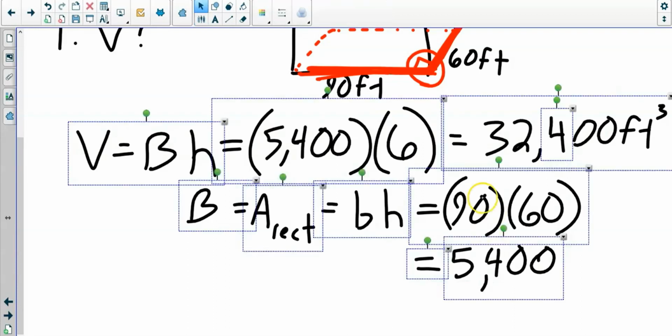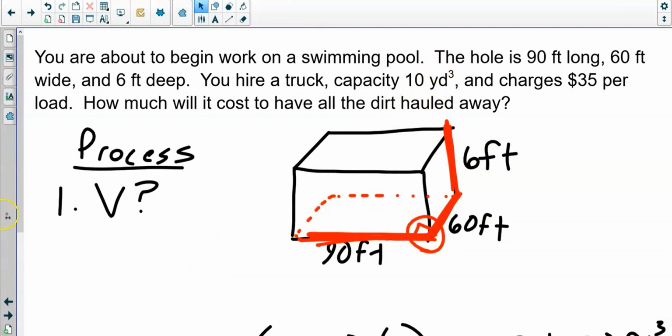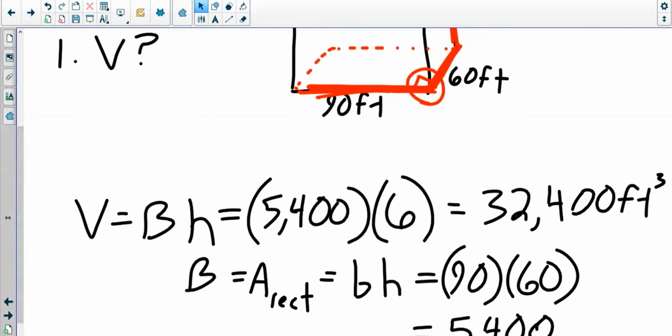But if you look up here at the problem, it tells you that you hire a truck that has a capacity of 10 yards cubed. So we need to figure out and convert this information from feet cubed to yards cubed. So that's what that second step was all about.